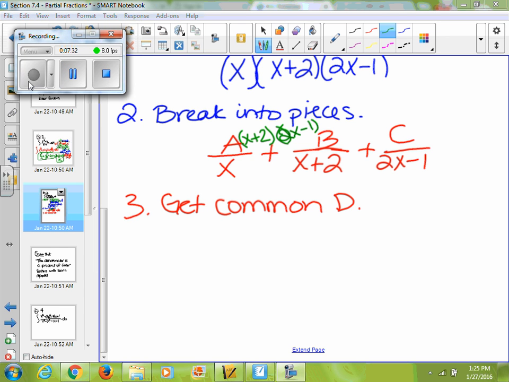If I want this b to have a common denominator, I need to multiply it by the x and by the 2x minus 1. And if I want this c to have a common denominator, I need to multiply it by x and x plus 2.